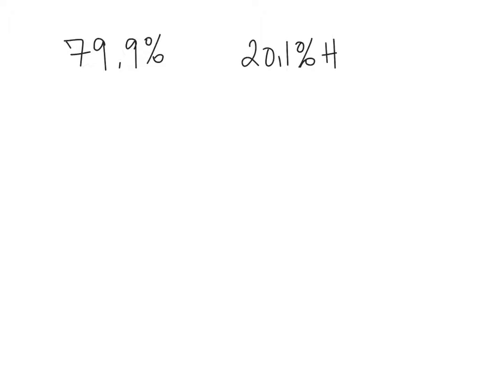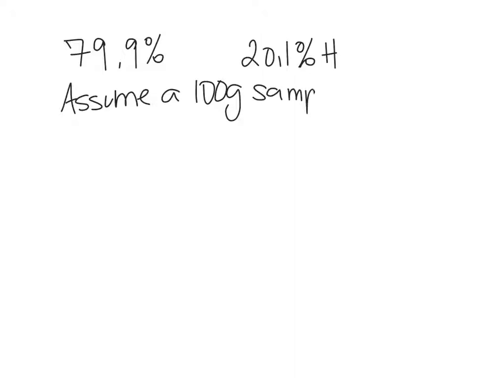First thing we do, assume a 100-gram sample. Right there, 1 mark. And the reason being is in chemistry, we don't just switch units on numbers.